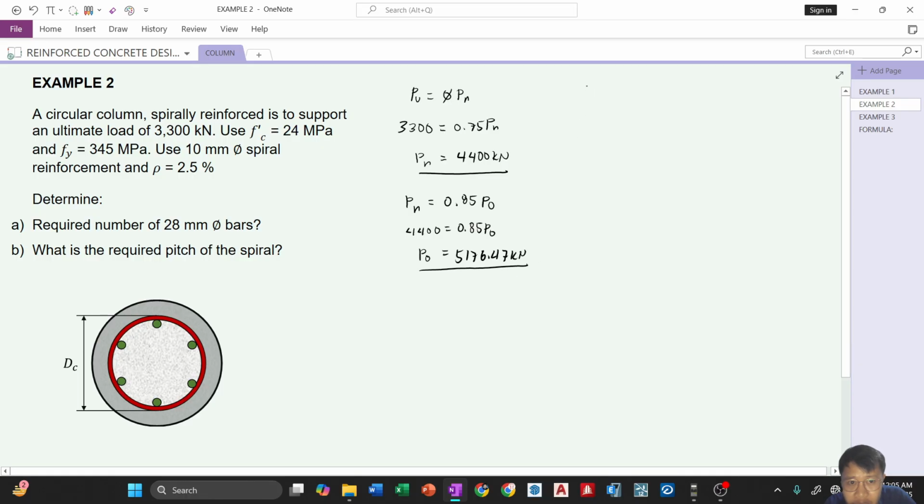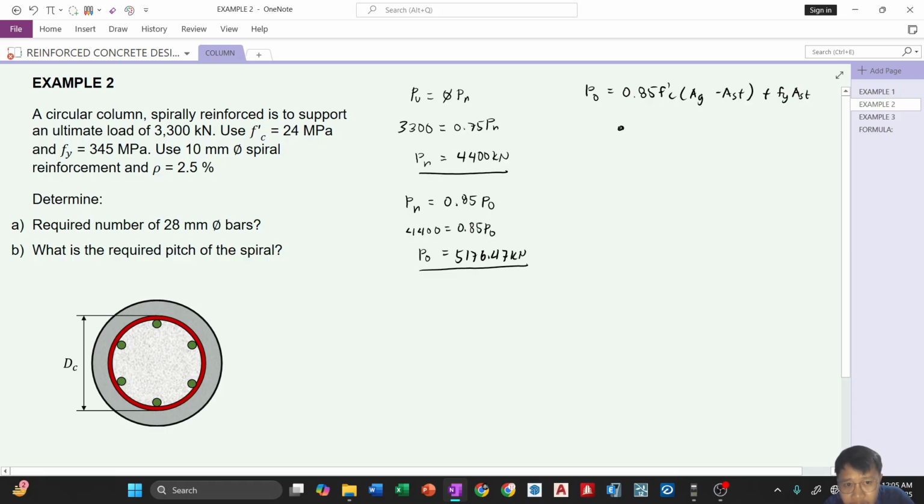Alright. So, gawin naman na natin this time, equate na natin ito. P sub 0 is equal to 0.85 F prime C times quantity gross minus area of the steel, plus Fy area of the steel. Again, wala kang mapapala dito.